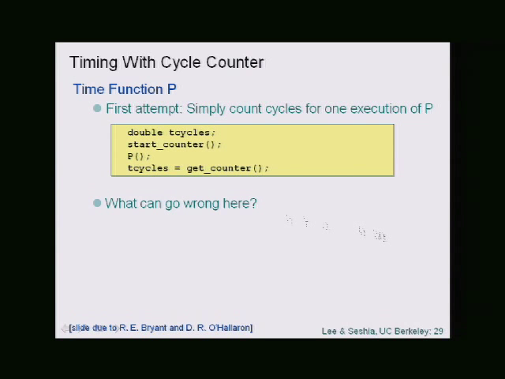Okay, so if you're running a task on a multi-core machine, and you are sampling the cycle counter on different cores, what do you have to think about? Which core are you running on? And does the task run on a single core, or might it be migrated to another core? So that's one issue to think about. Okay. What else?